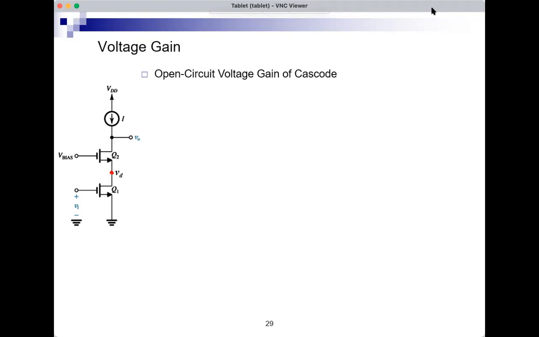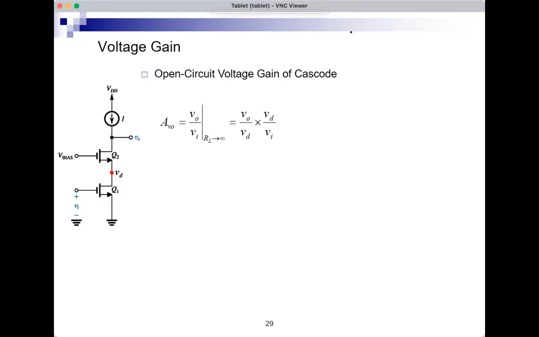Let's call it VD. This is the signal at the intermediate node. And now I want to find the gain. So again, I will open circuit the load. There's no load to open circuit here, but that's the definition of AVO. And I want to find VO over VI. So this is mathematically equal to VO over VD times VD over VI.